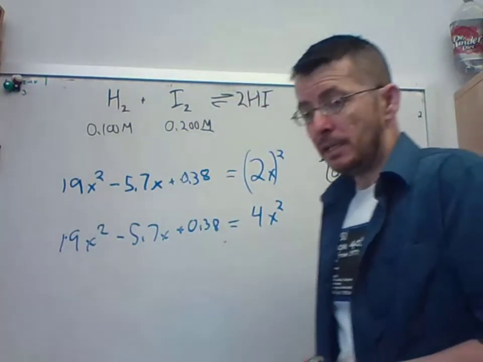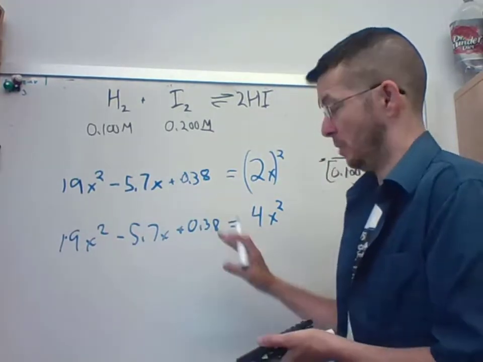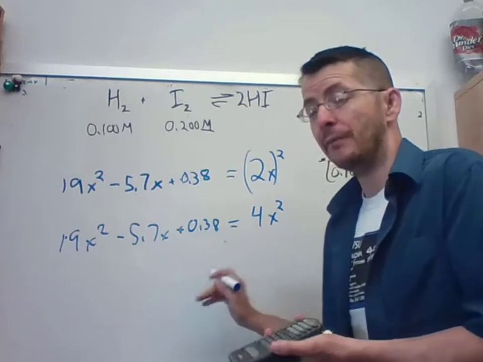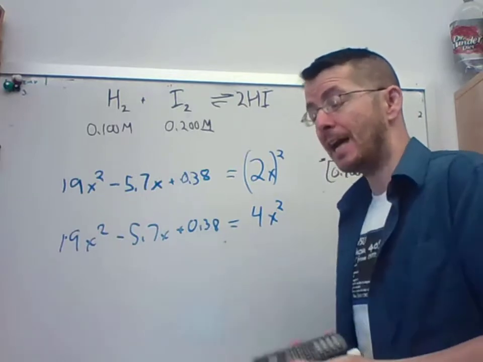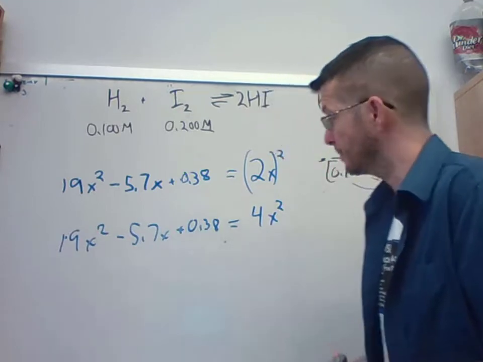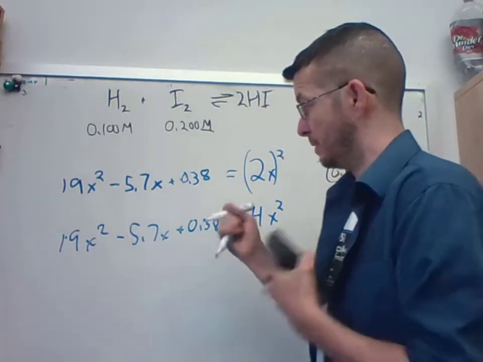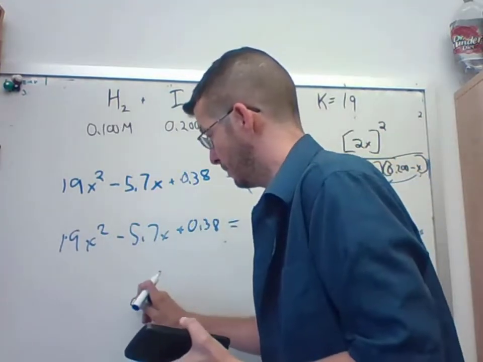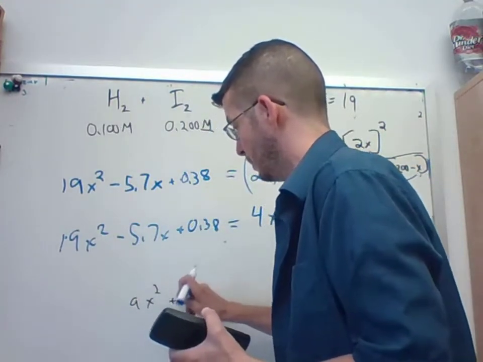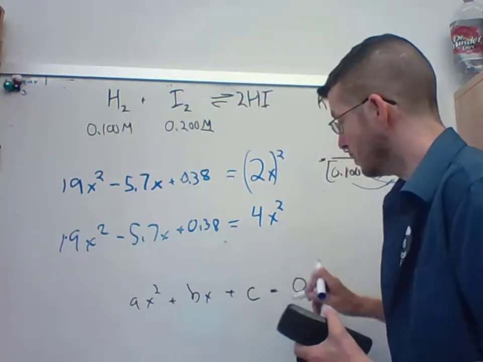If we were lucky, there would only be one x, but we have multiple x's, and so they're difficult to combine, and we have to rely on the quadratic equation or some other simplification. To use the quadratic equation, what we care about is having it in the form ax squared plus bx plus c equals 0.